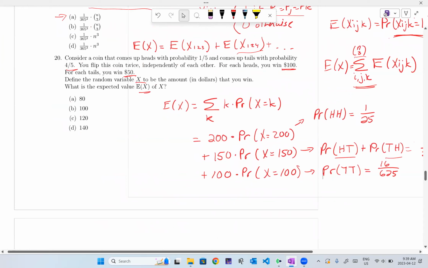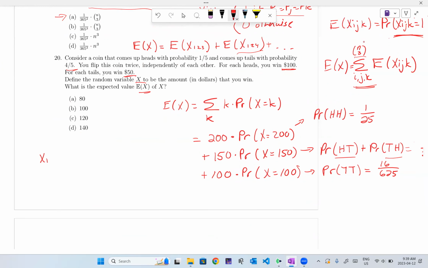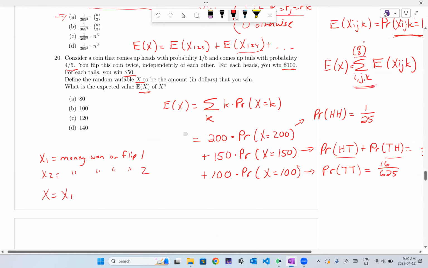So the other way I can do it is I can say, well, X1 is the money I win on flip 1, and X2 is the money won on flip 2. And then X is equal to X1 plus X2.